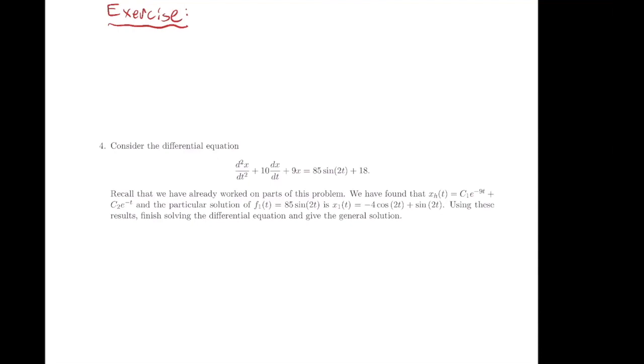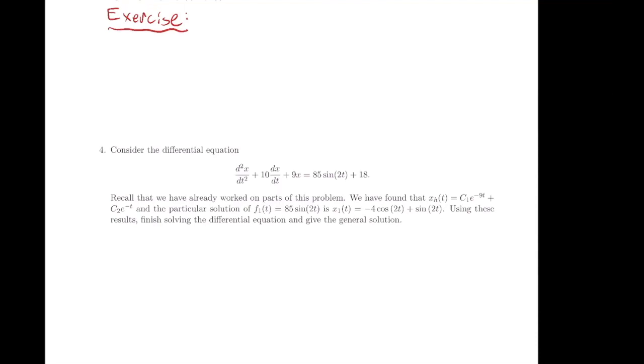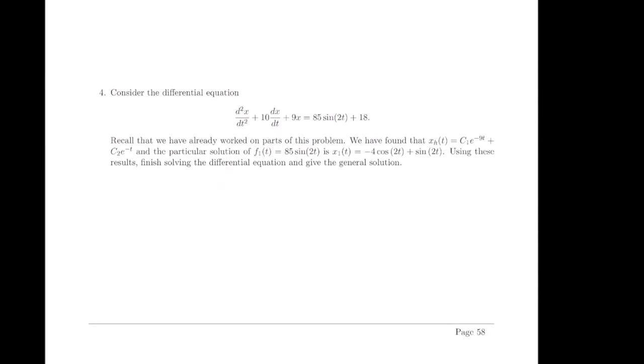So what this looks like is, yes, we're going to find the homogeneous solution, x of h, by solving x double prime plus 10x prime plus 9x equals 0. And let me just say, we've done all of these problems in the previous worksheets.